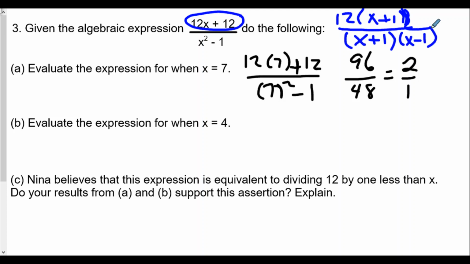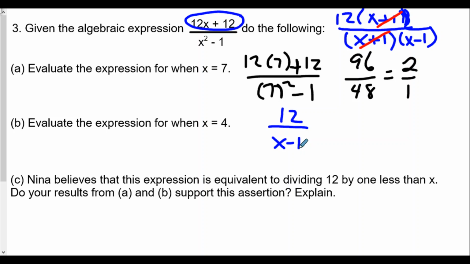And the funny thing is now with all factors here, we can simplify and we would just end up with the x plus 1s dividing out. And we will get 12 over x minus 1. So we can evaluate this way too.